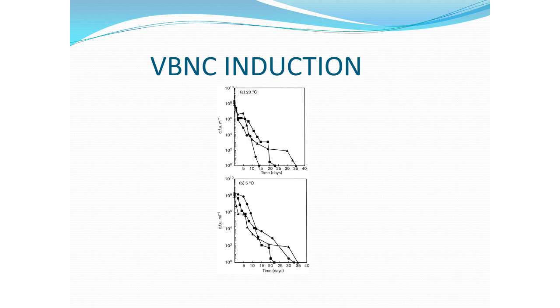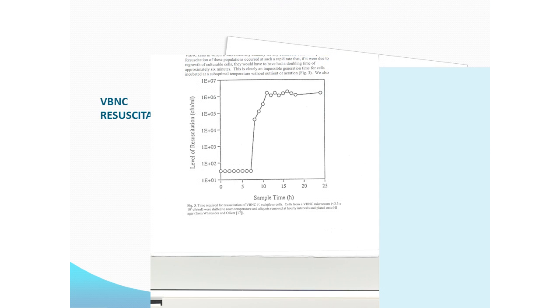There are other ways to induce VBNC. Low nutrients do it. Certain heavy metals do it. And here you can see other bacteria you can induce into the VBNC state, and what happens is the heterotrophic counts really decrease. But you can also take VBNC and resuscitate them. You see here, you go from 10 to the 1 up to 10 to the 6 by a resuscitation, and it could be a temperature differential.